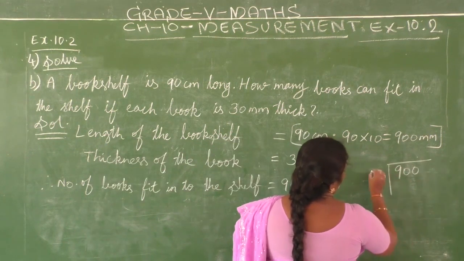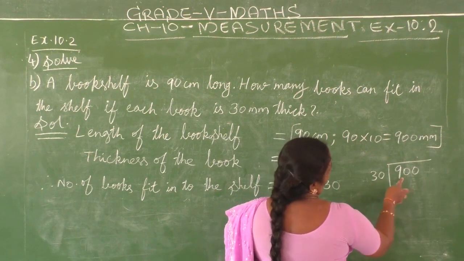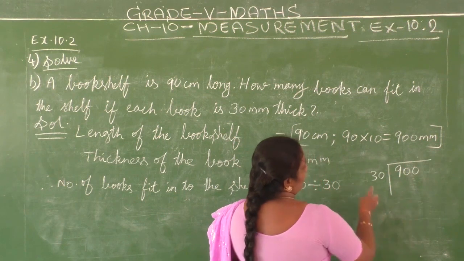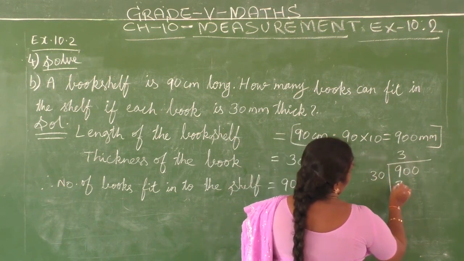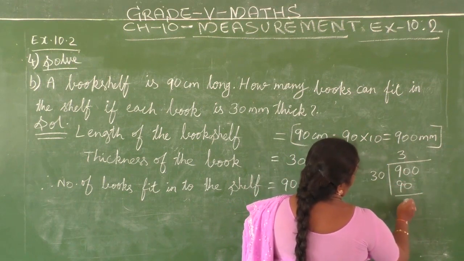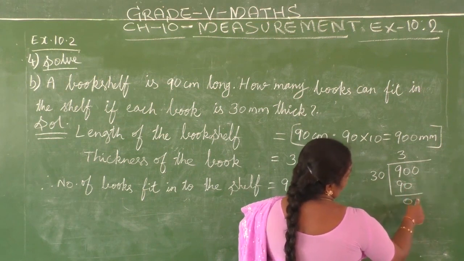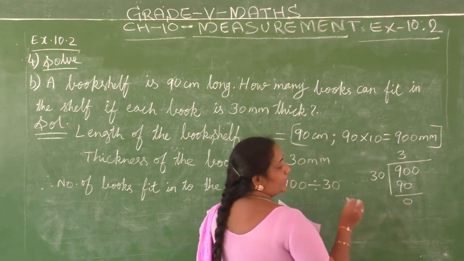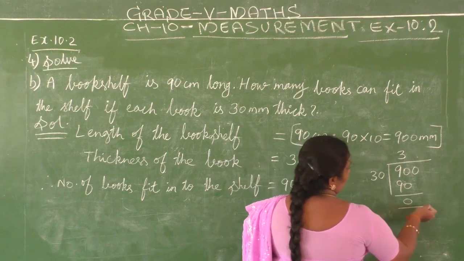900 divided by 30. 9 is the smallest number than 30. So join the 0 also. Now you have 90. So how many 30s are there in 90? 3 times. 3 30s are 90. So 90 minus 90, 0. The next number also 0. No need to bring down the 0 here, because if you are having a number, then only you bring down the 0 means it has a value, but already here also you have 0.